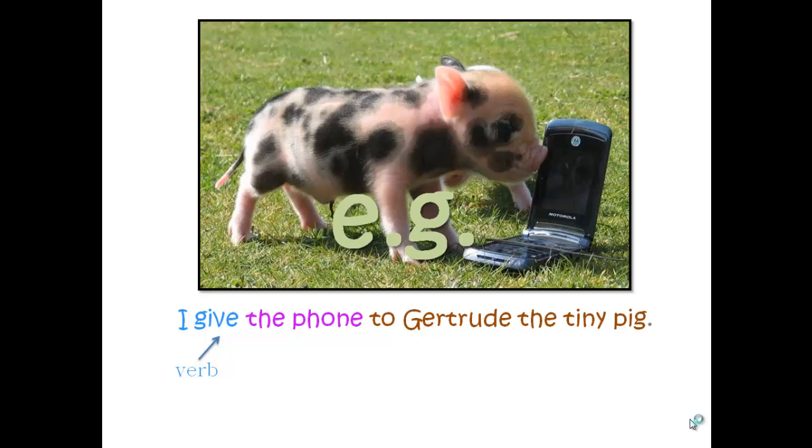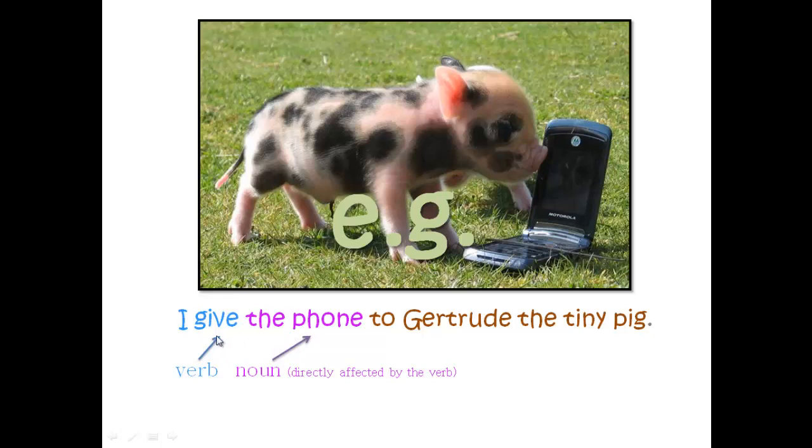You're doing the giving, so it's a verb. The phone is your noun. This is where it gets a little bit tricky. It's the noun that's directly affected by the verb, mostly because if you look here, there's no real gap in between. It's just I give, bang, the phone. There's no I give to the phone, I give for the phone, I give on top of the phone. No, I give the phone.